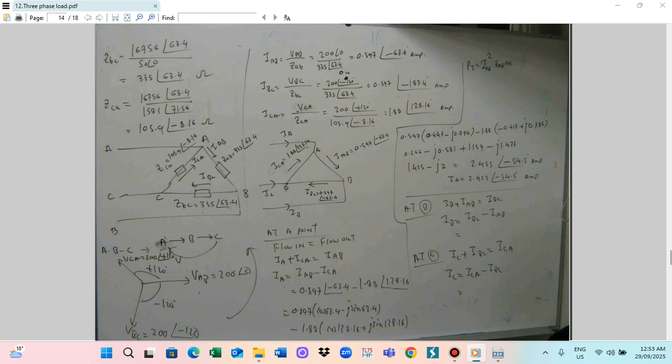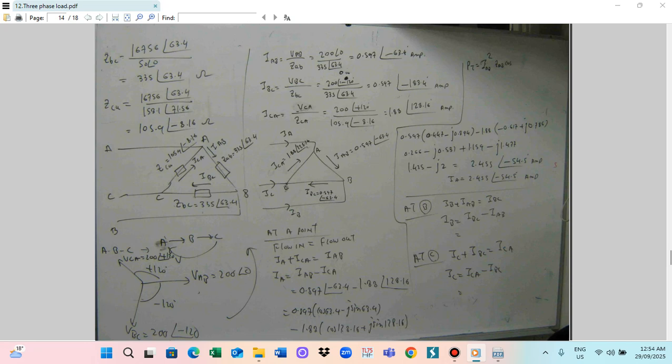At point B, the flowing current in is equal to the flow of current out. Which one is flowing? IB flows in, IAB flows in. So IB plus IAB is equal to IBC flowing out. Then you can count IB: IBC minus IAB.